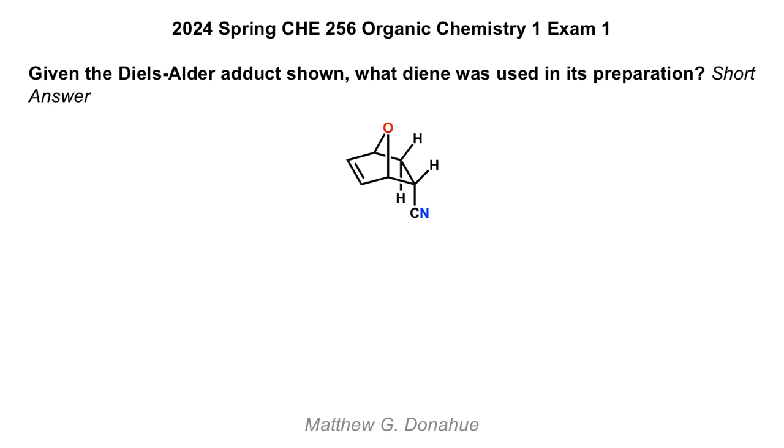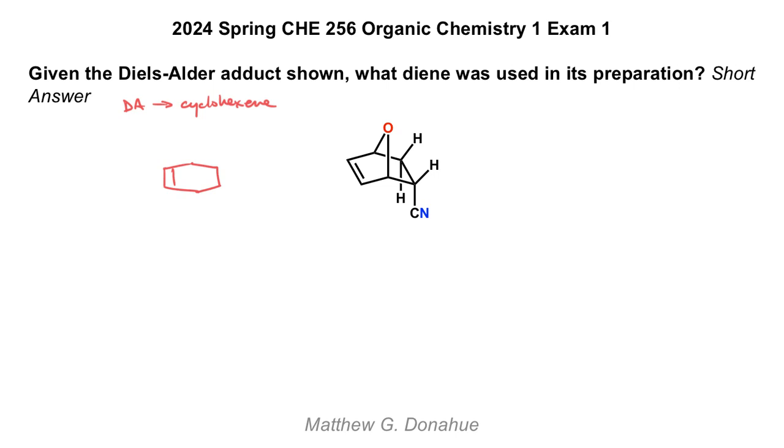Question 5, given the Diels-Alder adduct shown, what diene was used in its preparation? So again, a Diels-Alder gives a cyclohexene.